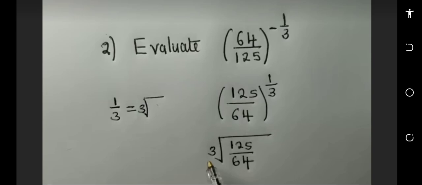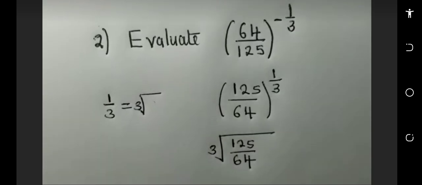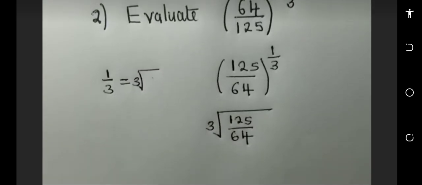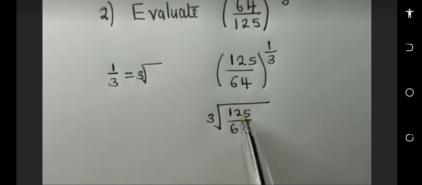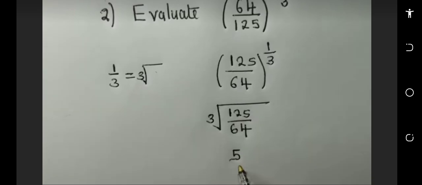And this is what I've done. So meaning we need to find the cube root of 125 and the cube root of 64. So now when you talk about cube root, what are we simply talking about here? We need to find a number such that when it multiplies by itself 3 times, it gives us what? 125. And that number will simply be a 5.